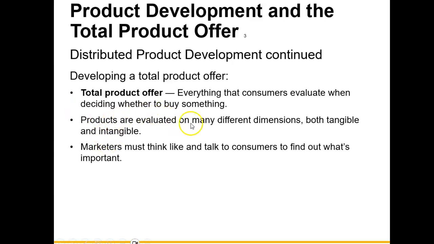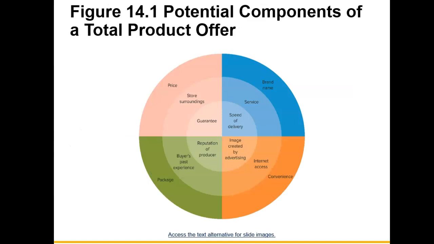Products are evaluated on many different dimensions, both tangible, which is going to be the physical portion of the product, and intangible. Marketers must think like and talk to consumers to find out what's important. That's why often there would be surveys sent out by these different companies about their products and their services to get feedback from the consumers.